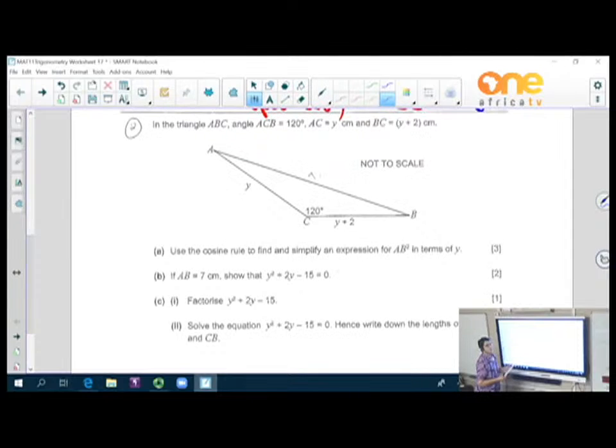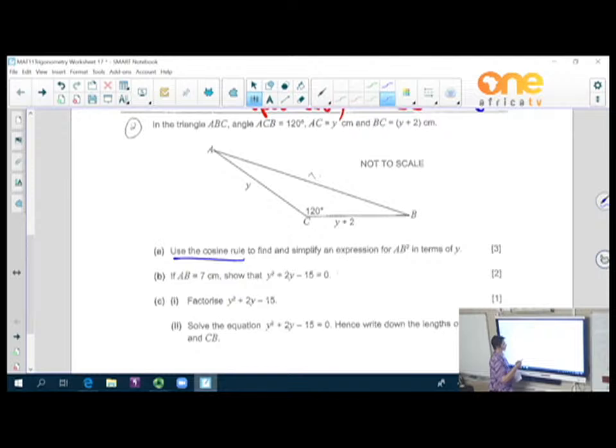Question 2. Now here they combined algebra with trigonometry. Clever question here. They tell you what to do. Use the cosine rule to find an expression for AB and simplify that expression there.